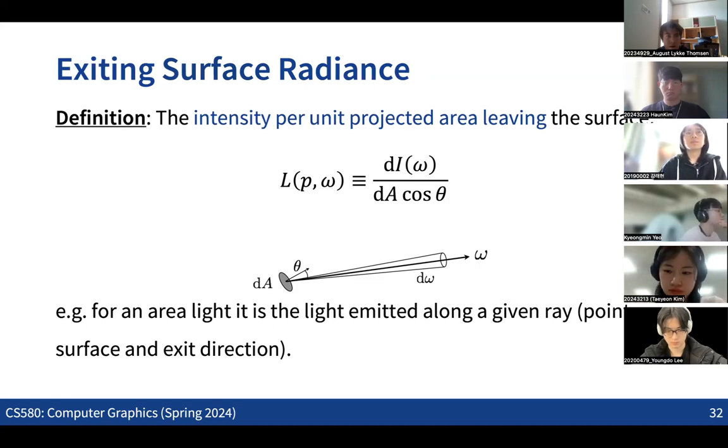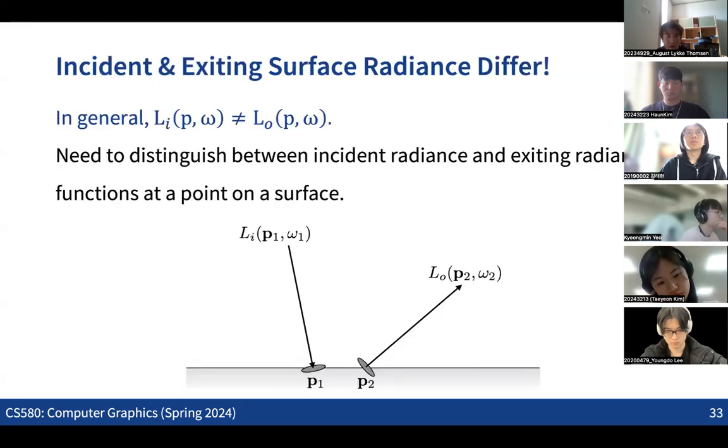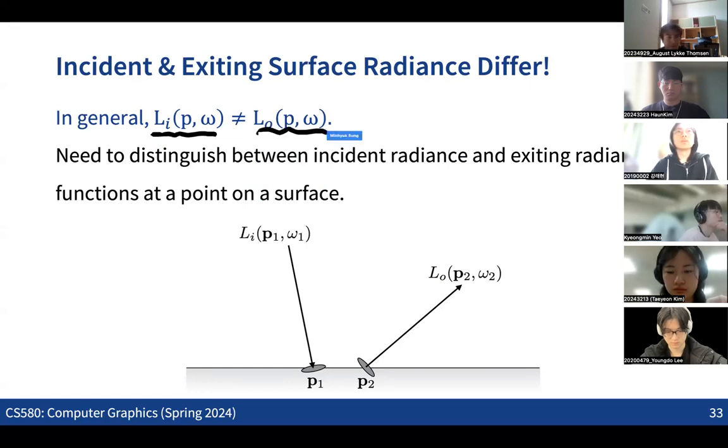The reason that we are talking about this is that we really need to differentiate these two. When you have incident radiance from some specific direction, it obviously does not mean that we are also emitting the same amount of light into the same direction.